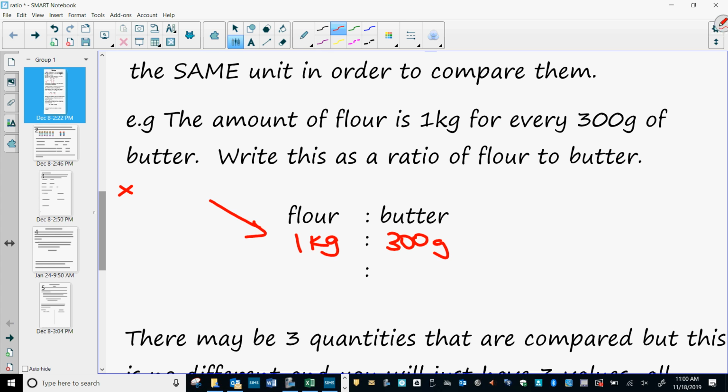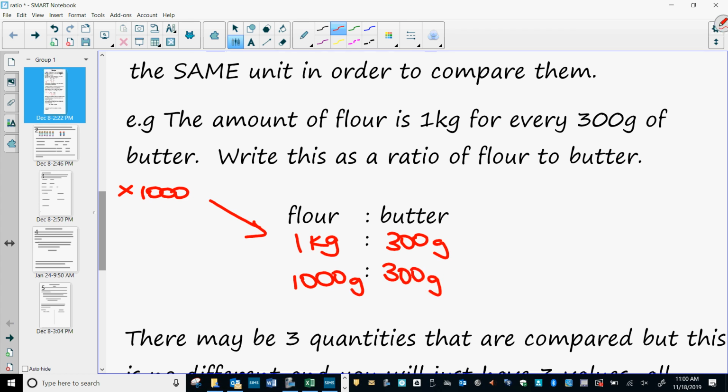So a kilogram has 1,000 grams. It works the same for kilometre as well. Kilometre means there's 1,000 metres. So we would multiply this by 1,000. So this is actually 1,000 grams to 300 grams.